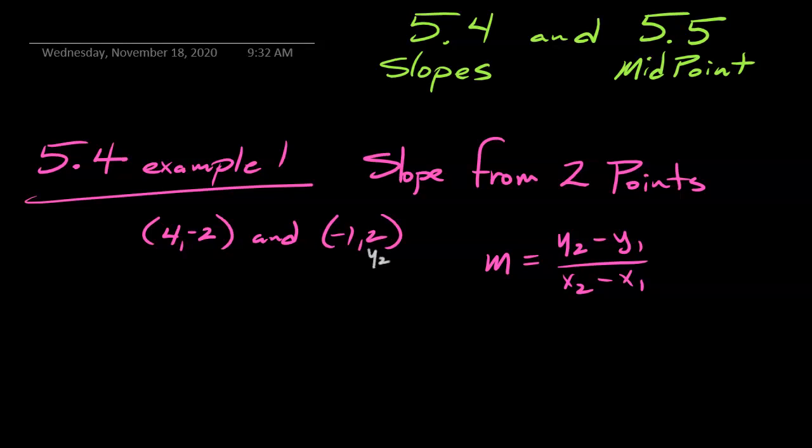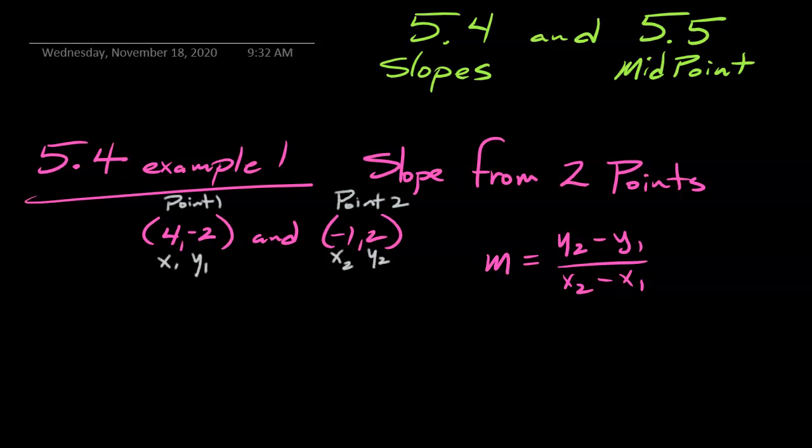Correct. So I'll call this point 1, point 2. That's basically where the 1s and 2s come from. You're right. So x1 would be the first x. x2 would be the second x. Excellent. Nice job. That was a really good pun.